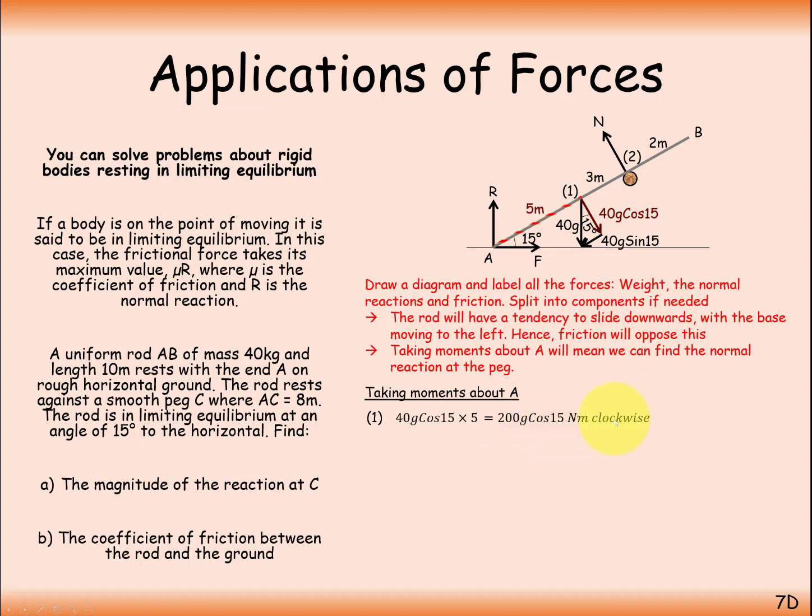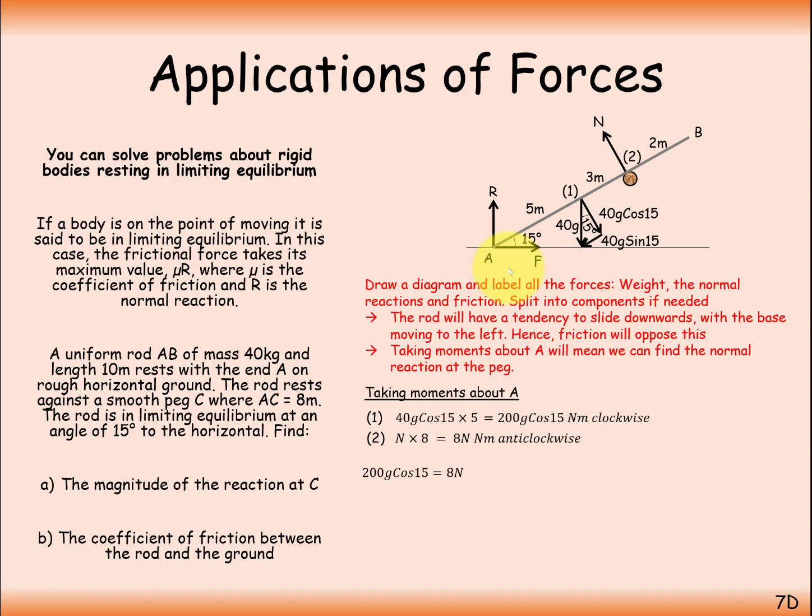We should be happy with that. And some F marks. Now this one, that combined length is 8 meters, and that's times N. So it's 8N, and that, you can see, is going to go anti-clockwise.